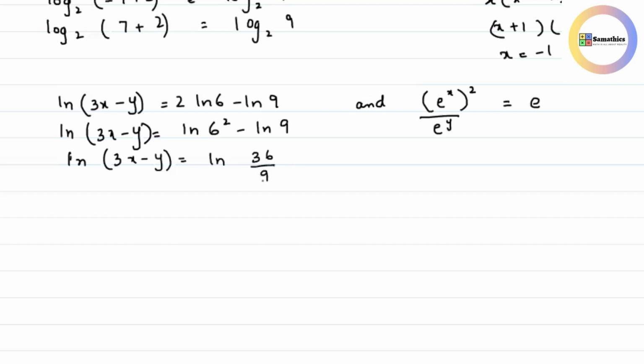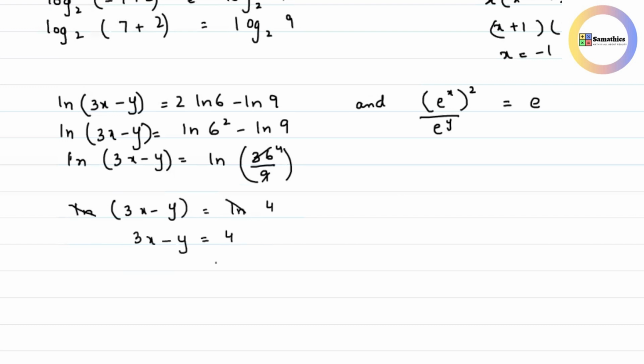So 9 fours are 36. We will be writing both sides with a single ln. So now ln and ln will be cancelled out. So we have got the equation 3x minus y is equal to 4.